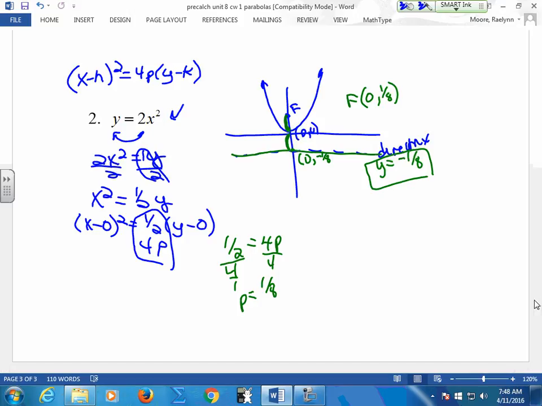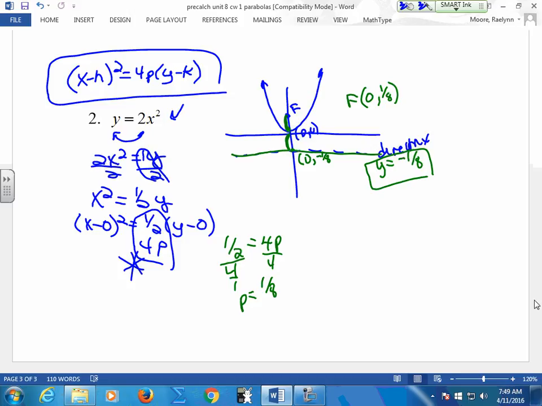This one goes into this format. And we're figuring out what your P is. This is P right here. If P is positive, it tells us which way it opens. The value of P itself, the numerical value, will tell you how far you go away from the vertex, both directions, so that you can find its focus and you can find its directrix.